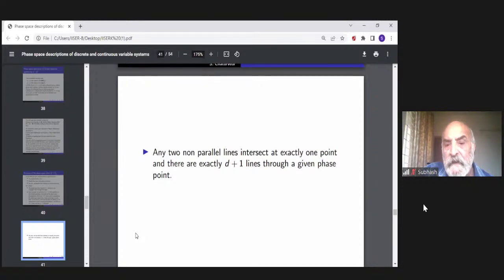Any two non-parallel lines intersect at exactly 1 point, and therefore there are exactly d+1 lines through a given phase point. That two non-parallel lines intersect at 1 point is very important. This, as we will see, does not happen when the phase points are described by Q's and P's taking values in a ring.